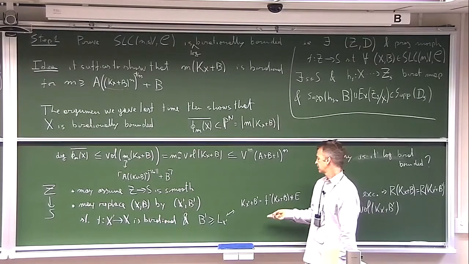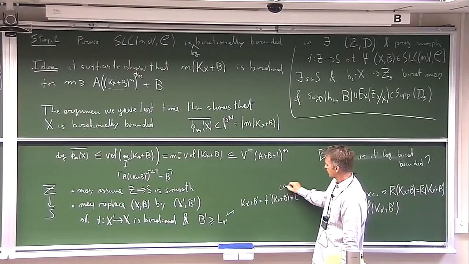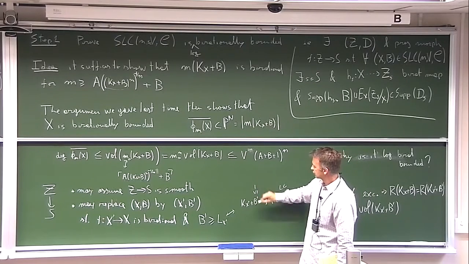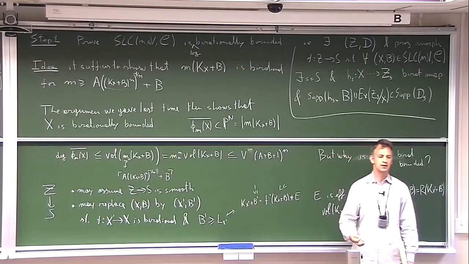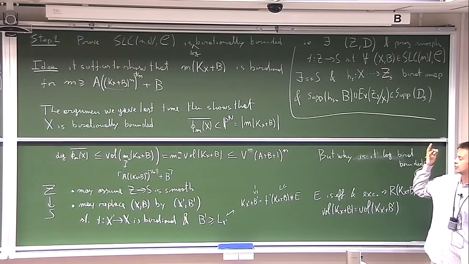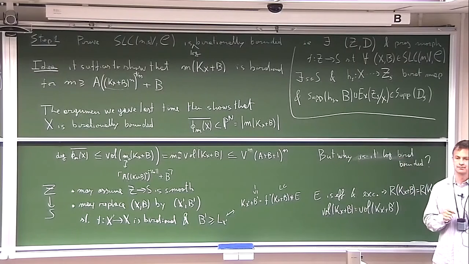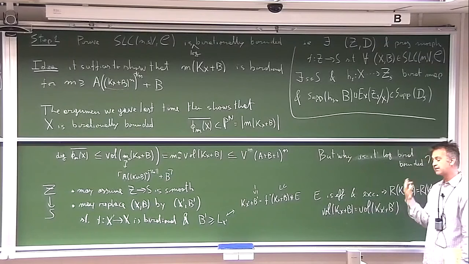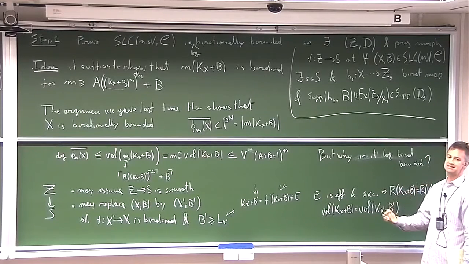Then, since this is log canonical, these coefficients will be less or equal to 1, but there's no reason to believe that these coefficients belong to the set C, right? And in fact, there's no expectation that they belong to any DCC set.